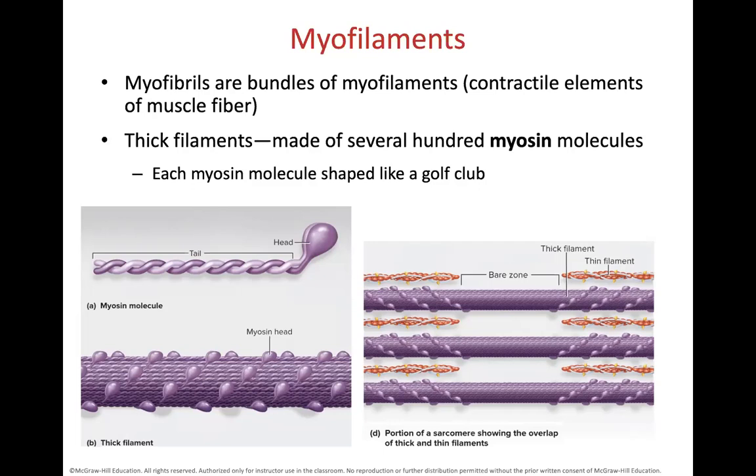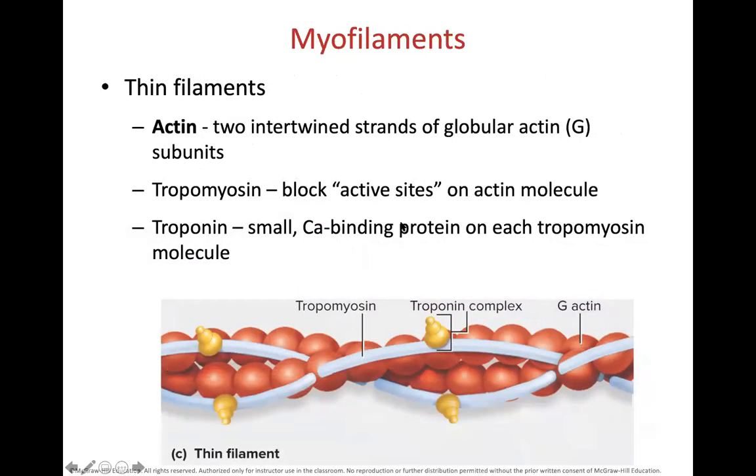We also have thin filaments, which are made up of actin, another protein. This is just two strands of what they call G subunits. It's not really all that important, it'll come up briefly again, but globular actin subunits.